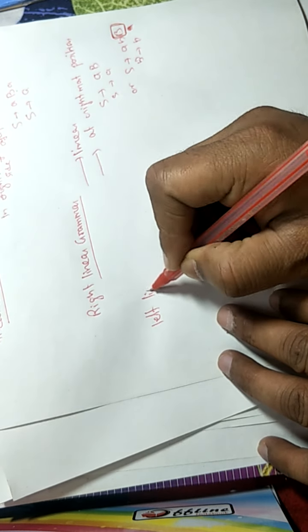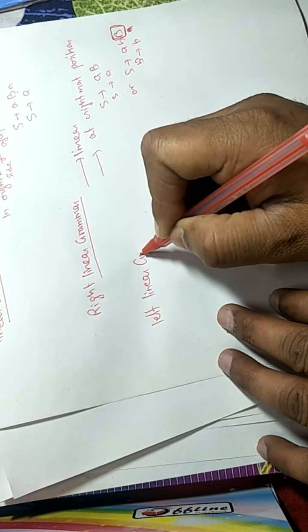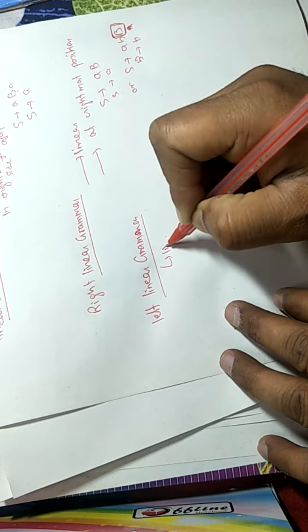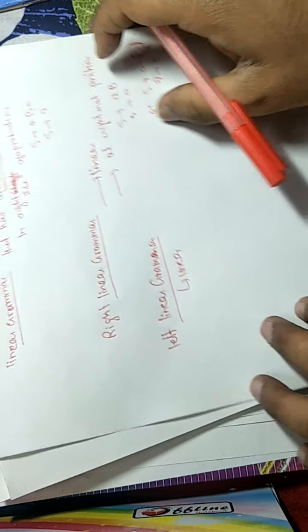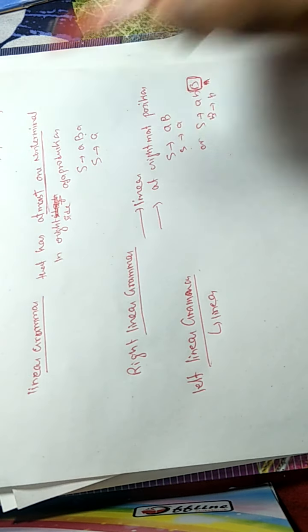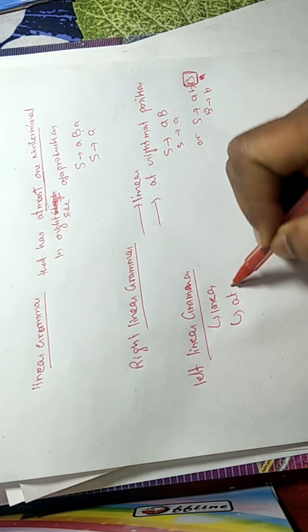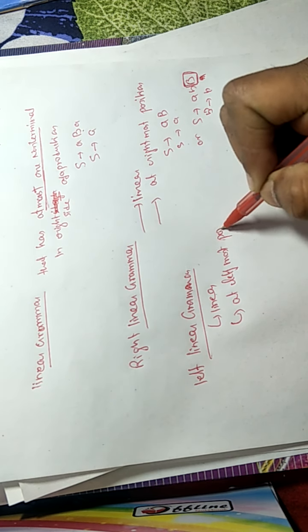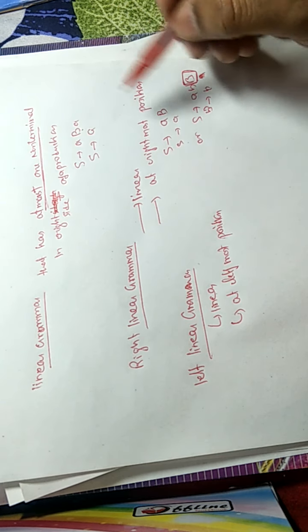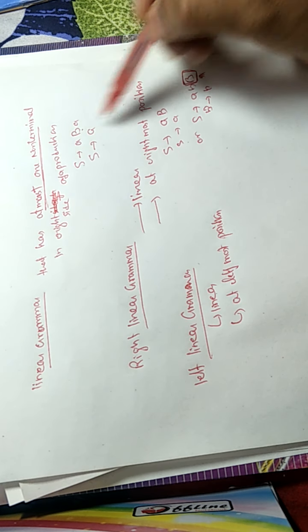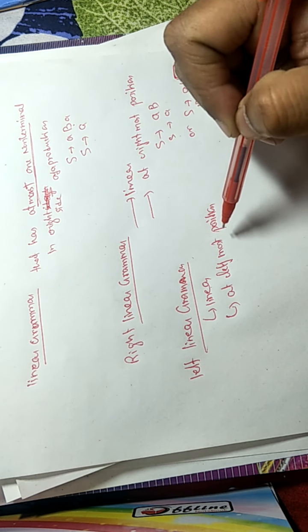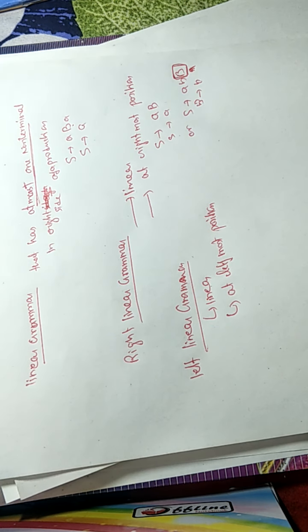So what is left linear? Left linear grammar is linear also. It means that at most one non-terminal is allowed, and that is at the leftmost position. So if we fix the position of a non-terminal in a linear grammar at the rightmost position, it becomes right linear. If we fix it at the leftmost position, then it becomes left linear grammar.